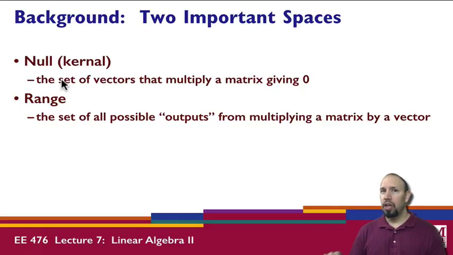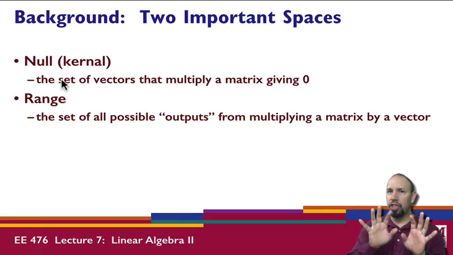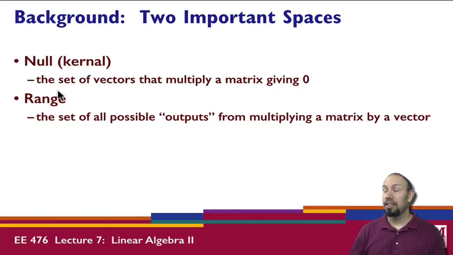So even though neither of the 2 elements are 0, you can multiply them and get 0. That's kind of weird, different. It's not the same as numbers. The second space is the set of all possible outputs when you multiply a matrix by a vector. Those are the 2 important spaces. So let's look at these.